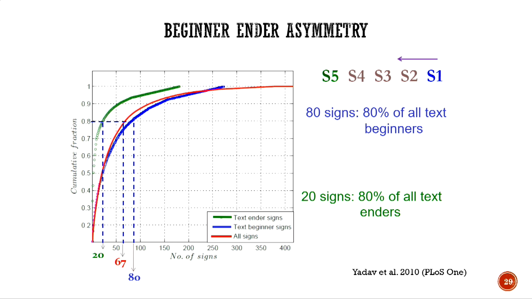So there are more ways we can open a text, but a very limited number of ways we can end a text. So the beginner and ender asymmetry provides clues about the direction, that certainly these sides are important, whether it is the first position or the ender position, as well as some clues about the presence of structure.